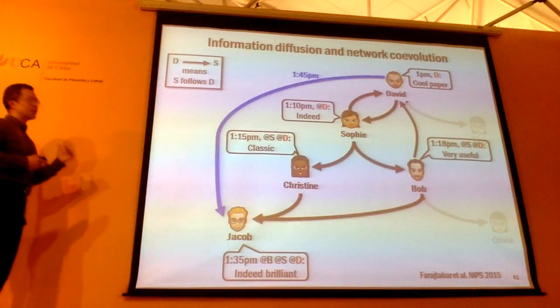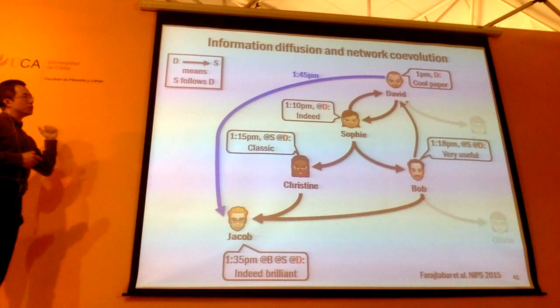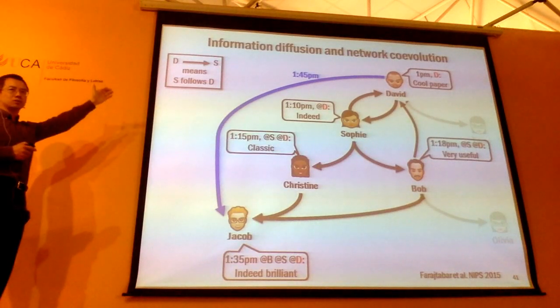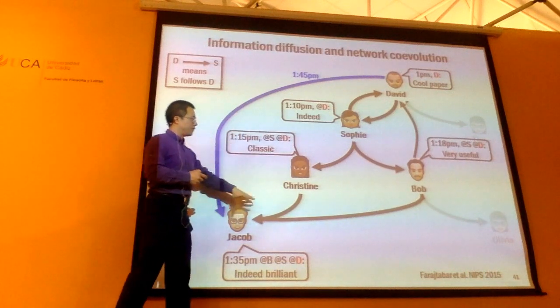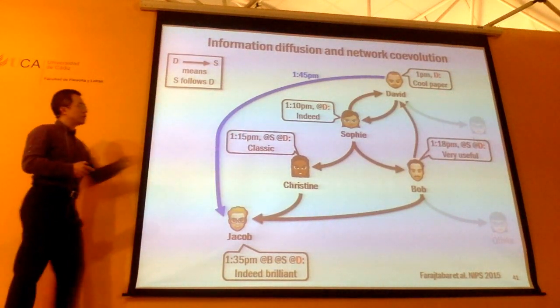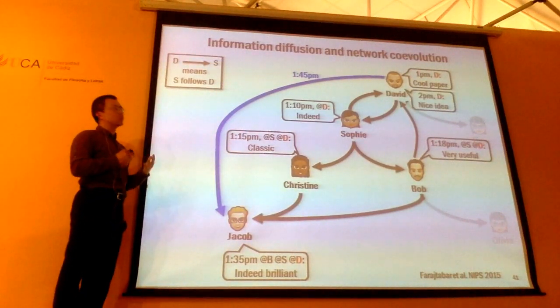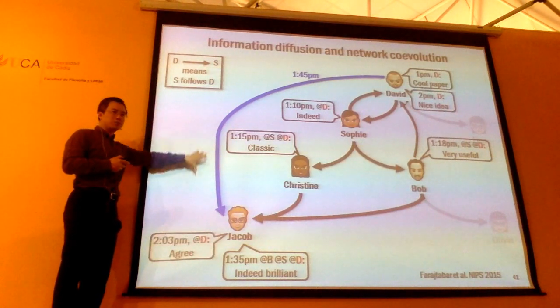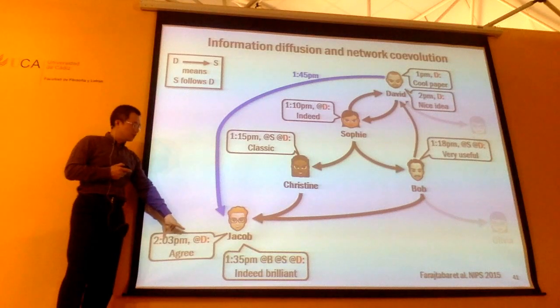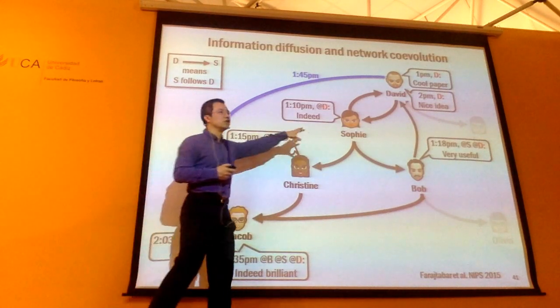He's going to create a direct link to the original source. Okay? So this is a link creation. That one is information diffusion. Once you have created a new link, it's going to change the way information diffuses. David is going to tweet about something again. Now the information is going to propagate directly to Jacob instead of going through these intermediate nodes.